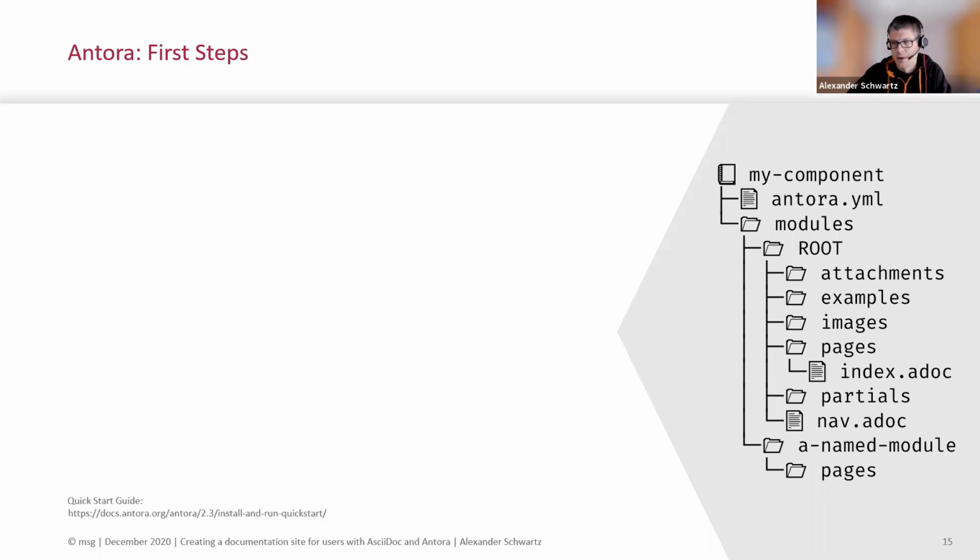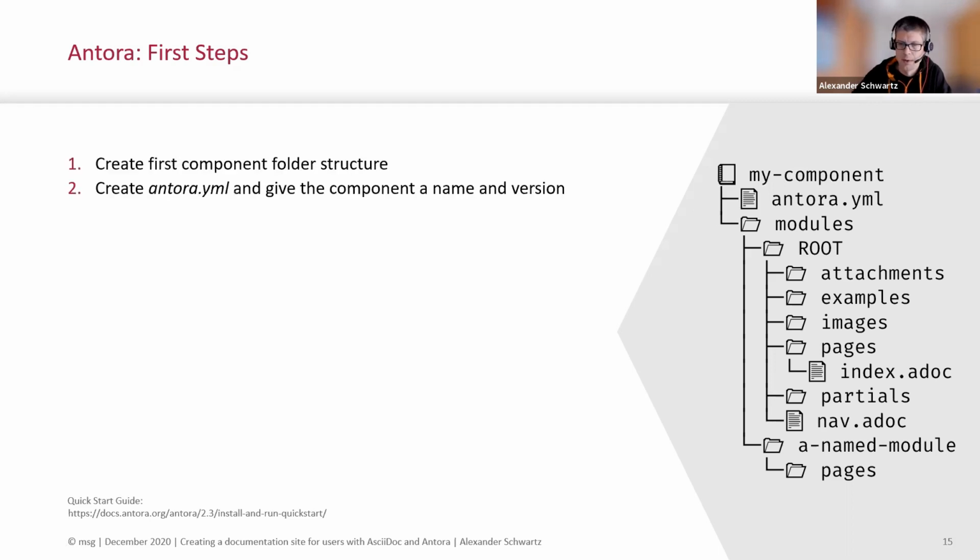So let's dive into the first steps of what an Antora site looks like. Basically, you start with one folder for each component that you want to have. This component contains an antora.yml file, which you use to give the component a name and a version. Below that component folder, you will have a folder called modules. In this modules folder, you will find the modules.